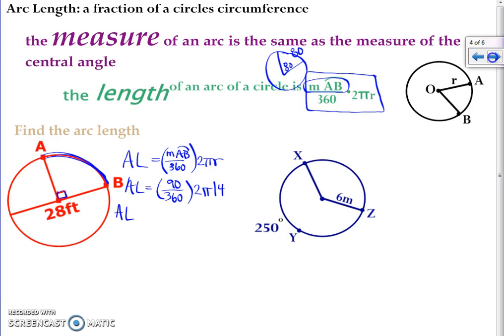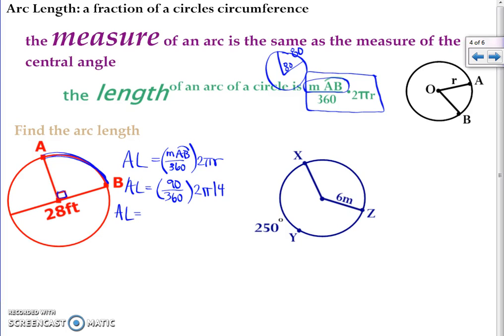So I want everybody to put this in their calculator and make sure we can all get the same decimal answer. When you have one of the TI-30Xs that most of you have, you don't need any multiplication symbols in this whole thing. You put a parenthesis, 90, you can either do the fraction bar or the divide, 360, parenthesis, and then just put 2 pi 14, it'll multiply it all together for you.